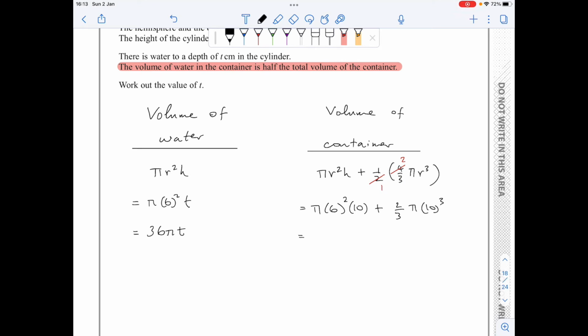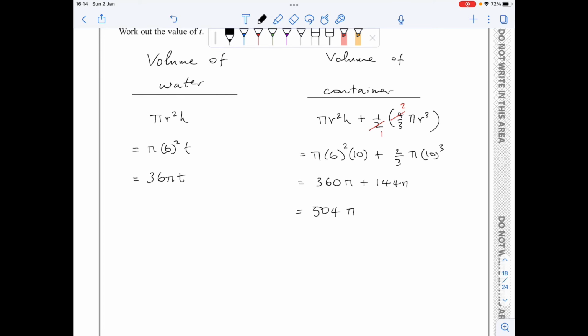This simplifies to 360 pi plus 144 pi, which will give me 504 pi.